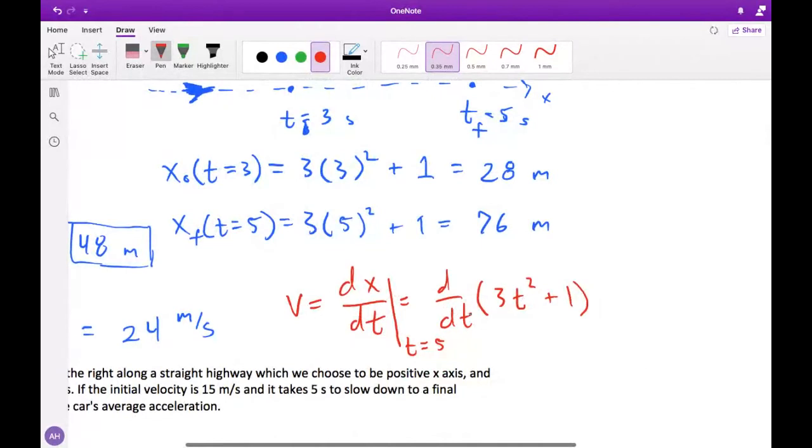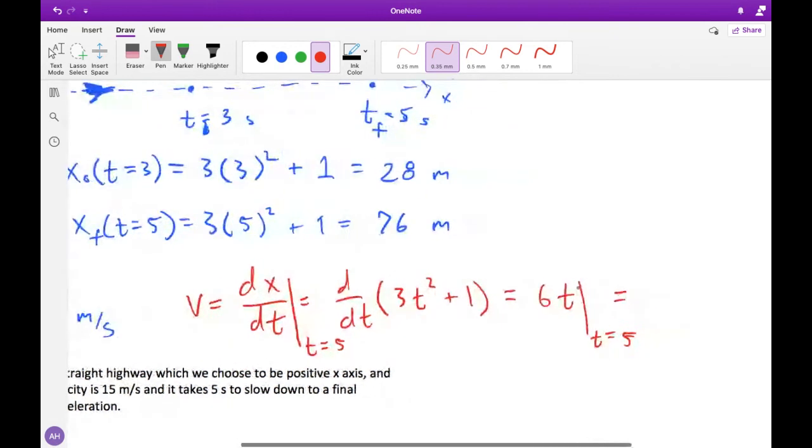First let's take our derivative. Whenever we take a derivative, we take our exponent and bring it down to the front. So this exponent comes down, multiplies with that 3 to become 6t. And the derivative of just 1 is 0. Now we're evaluating this 6t when t is equal to 5.